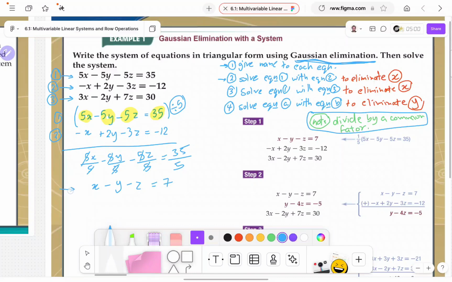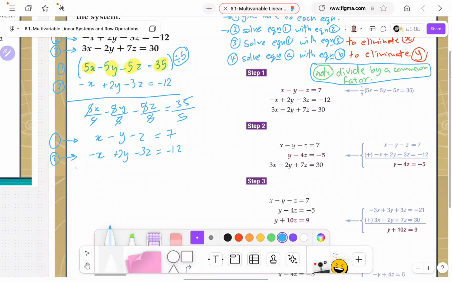Do you see what equation 1 becomes? Equation 1 becomes x minus y minus z equals 7, which is much easier than multiplying the second equation by 5. Now let's rewrite the second equation: negative x plus 2y minus 3z equal negative 12. Now let's solve equation 1 with equation 2.